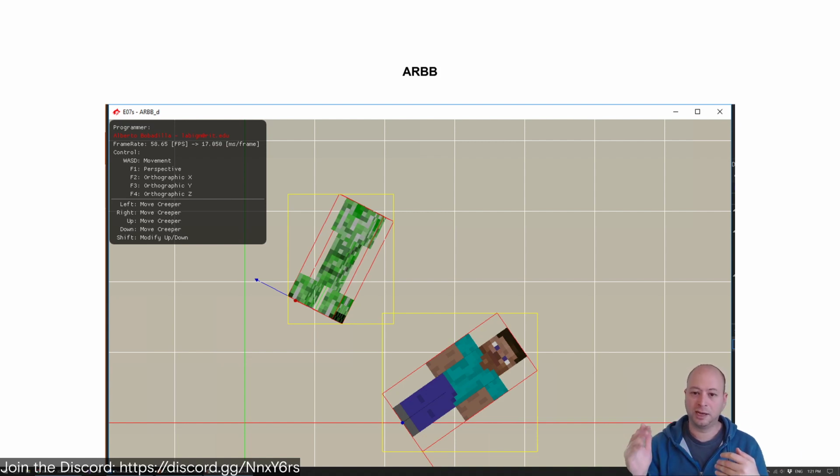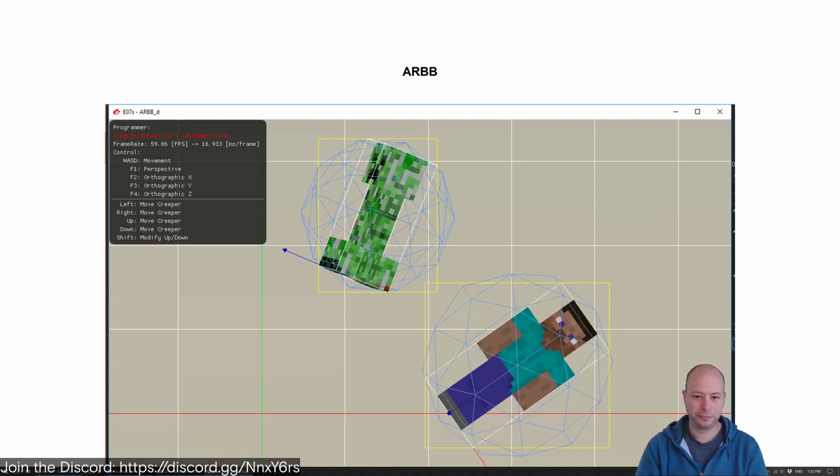An axis realigned bounding box will have less error than a sphere, but worst case has about the same, right? So this is sort of the trade-off. Ultimately, you can have these very incorrect collisions with axis realigned bounding boxes. However, they're still very useful, and we should all know how to do them.